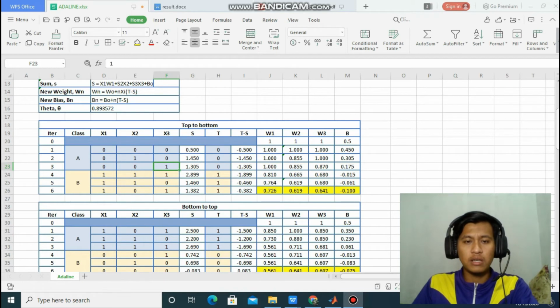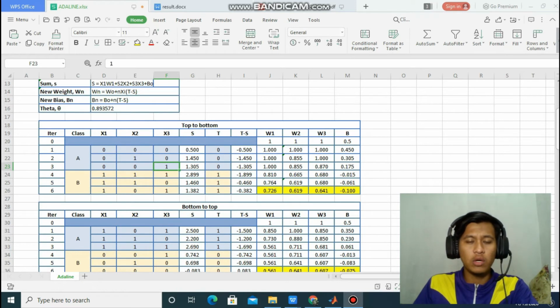So for this, the data that we assume we will put into this column, which is 000111. For theta minus s, we'll get it from this column, which is theta minus total.